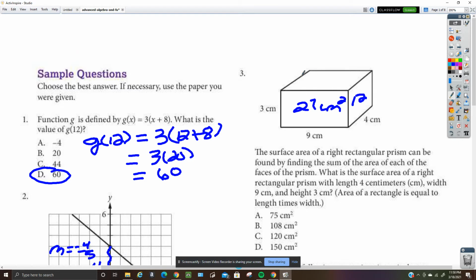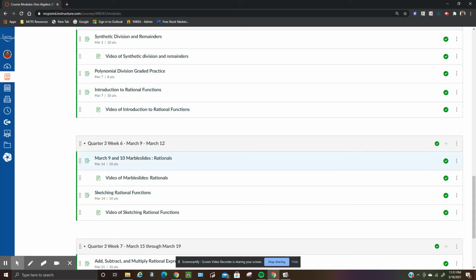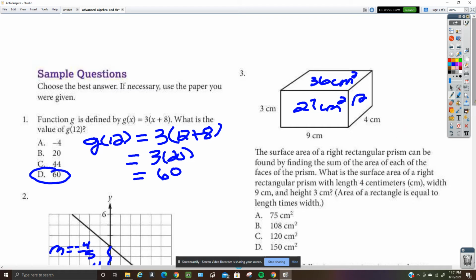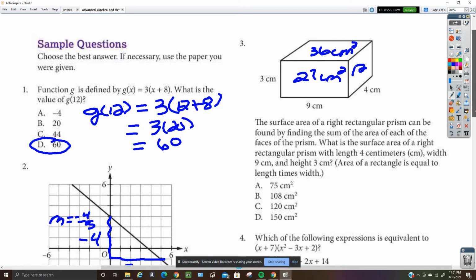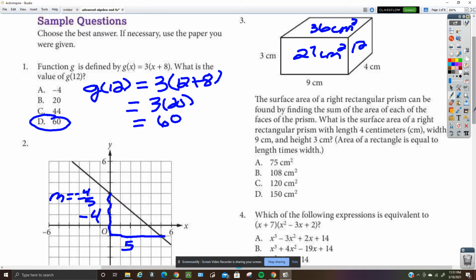But on the top here, this would be 4x9. This is 36 square centimeters. So there's 2 of each of those faces there. Scroll down here. So there are 2 faces that are 27, 2 that are 36, and 2 that are 12.